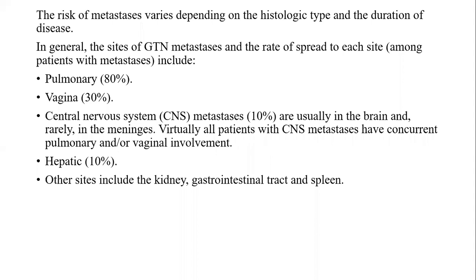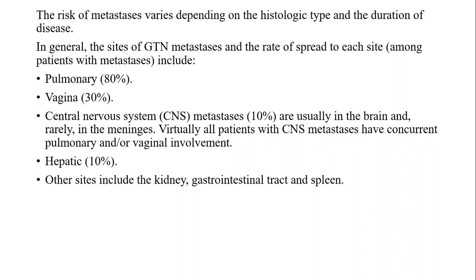Generally for all these gestational trophoblastic tumors, the risk of metastasis varies depending on the histologic type and the duration of the disease. Yeah, that's the slide I was referring to. Okay, about the commonest site of metastasis, which is the lung. That's why the lung scores very low, even on the WHO score, 80% pulmonary.